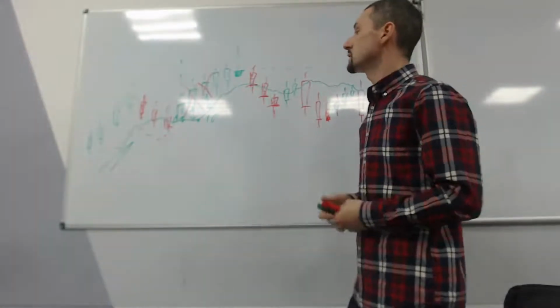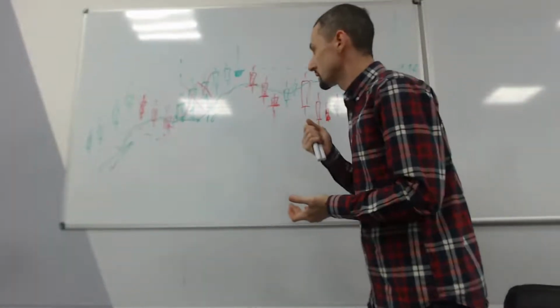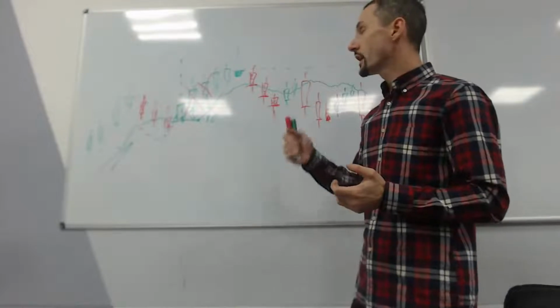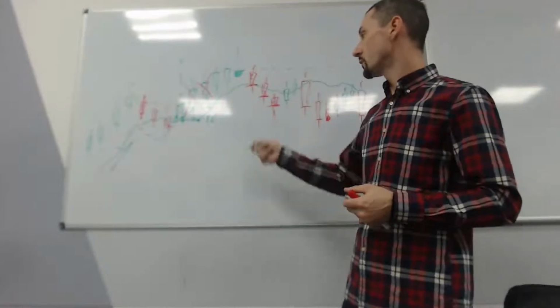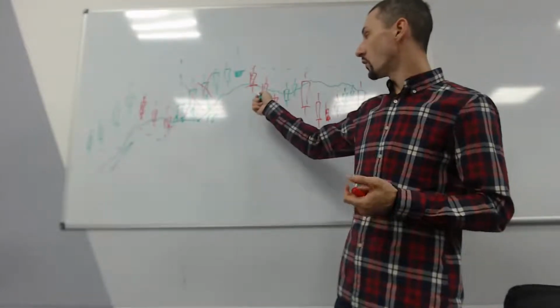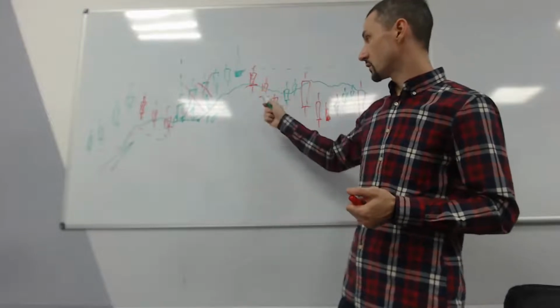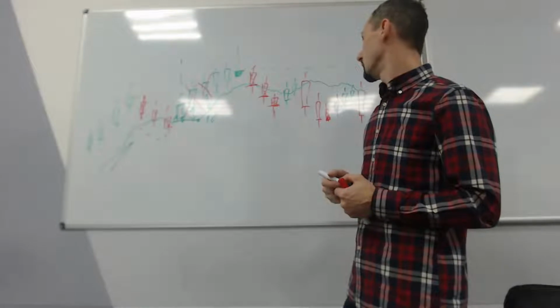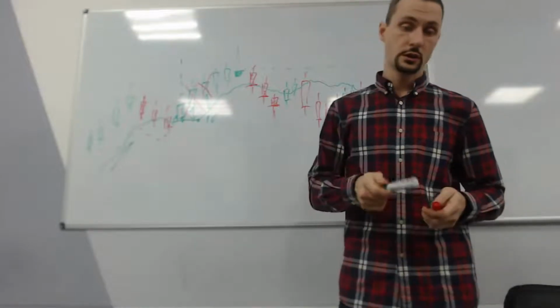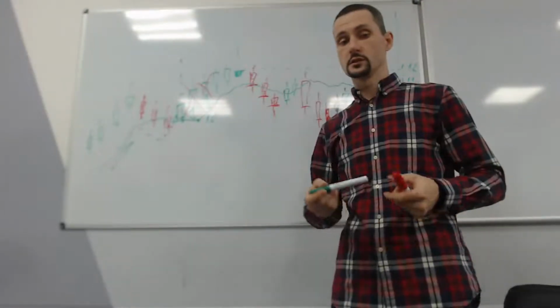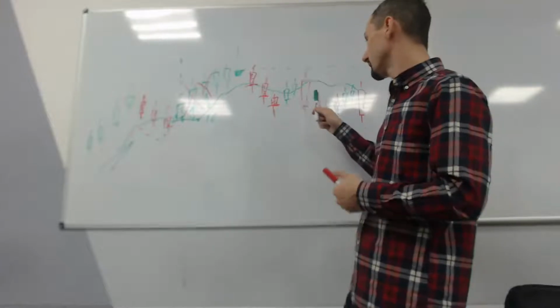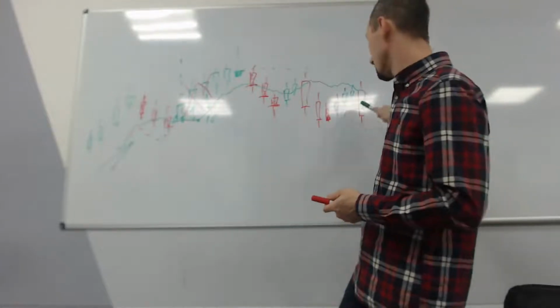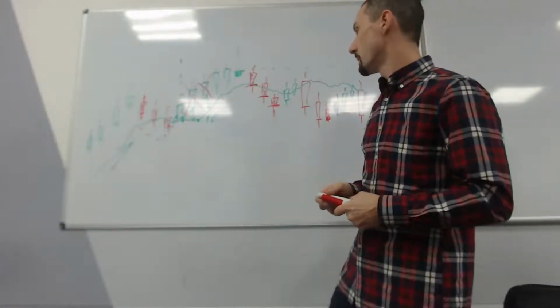So the main idea of the classical signals is to trade when we have the breakthrough of the moving average. Like here, we have the full breakthrough. It's not some kind of false signal. We really have a breakthrough, and here is the confirmation, and here the confirmation.